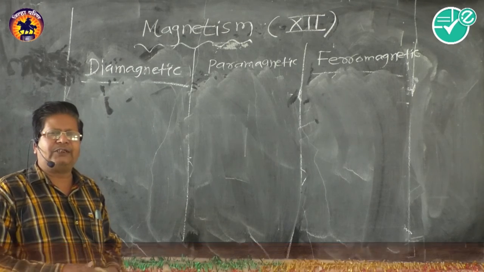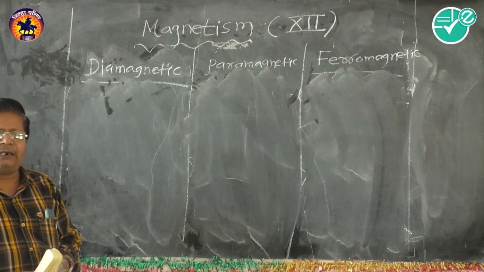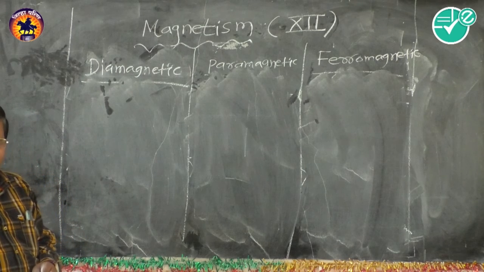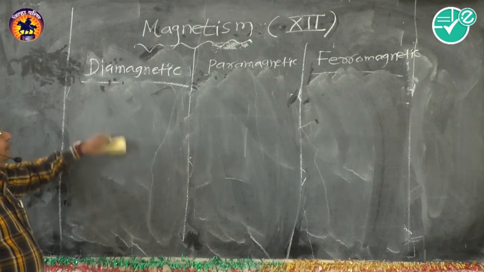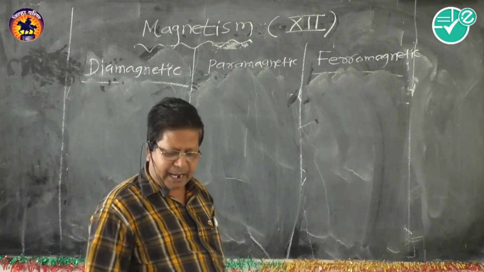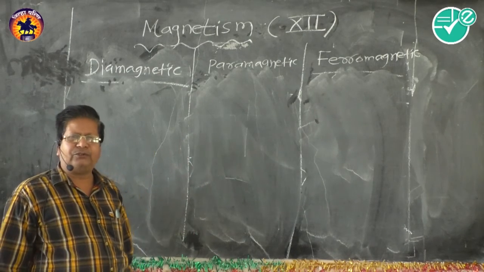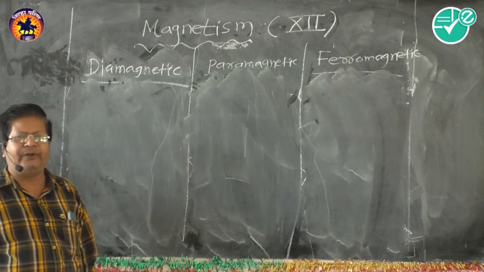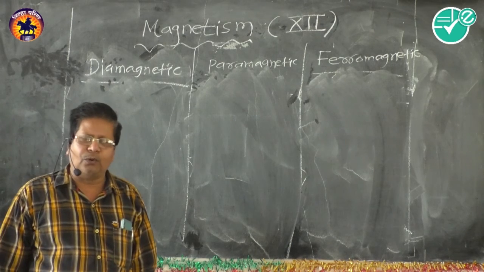So the substances belonging to diamagnetism are superconductors. And in all the three cases, diamagnetism, paramagnetism and ferromagnetism, in the absence of an external magnetic field, the net magnetic dipole moment is zero.